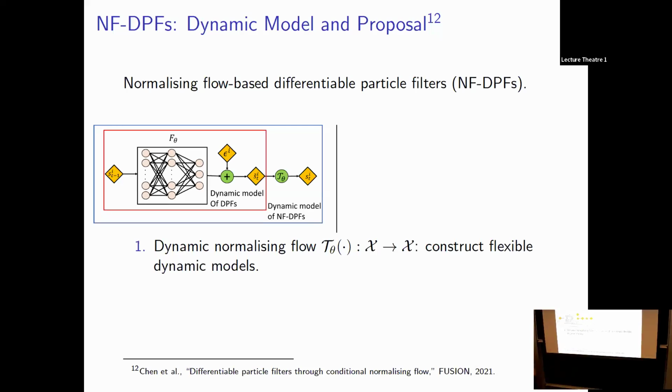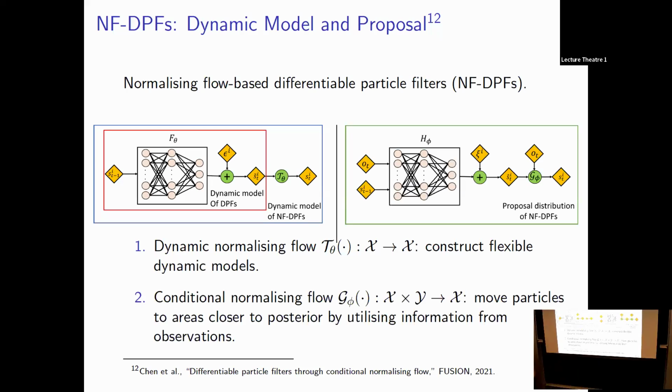But we actually don't propagate particles this way, because this is the bootstrap particle filter approach. We actually have a proposal distribution to do this. This separate neural network takes a particle from the previous time step and also the observation as an input, gets some output with the same dimension as your state, adds some Gaussian noise, and then adds another layer of conditional normalizing flow.